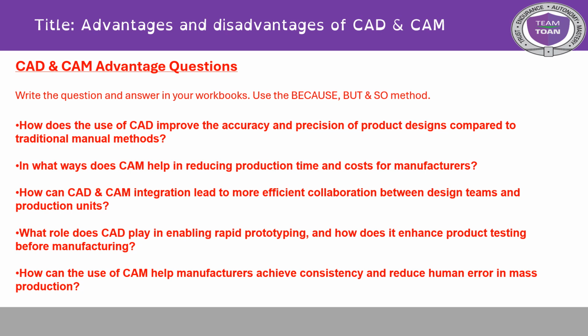How can CAD and CAM integration lead to more efficient collaboration between design teams and production units? What role does CAD play in enabling rapid prototyping, and how does it enhance product testing before manufacturing? And finally, how can the use of CAM help manufacturers achieve consistency and reduce human error in mass production? Pause the video and answer the questions, please.